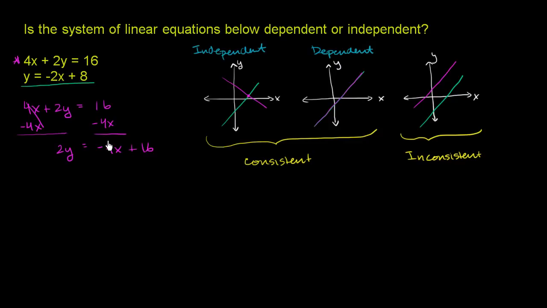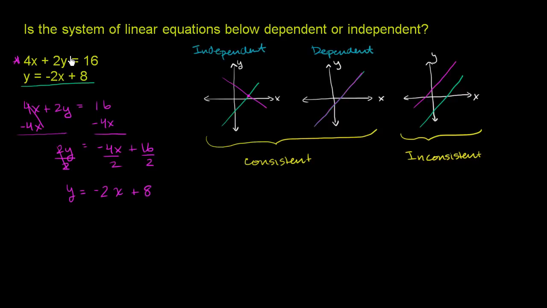I just wrote the -4x in front of the 16 just so that we have it in the traditional slope-intercept form. And now we can divide both sides of this equation by 2 so that we can isolate the y on the left-hand side. Divide both sides by 2. We are left with y is equal to -4 divided by 2 is -2x plus 16 over 2, plus 8.